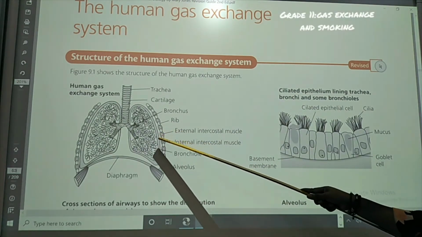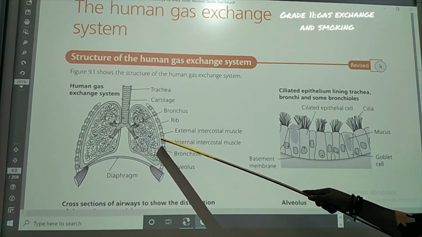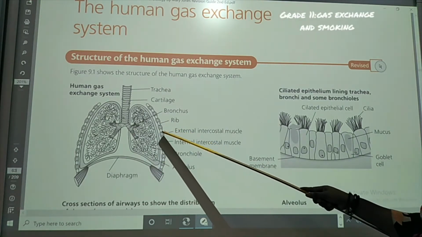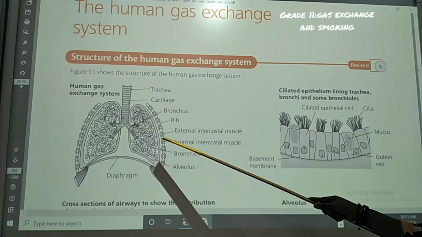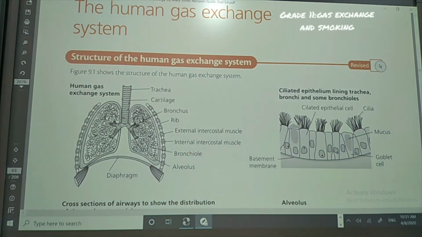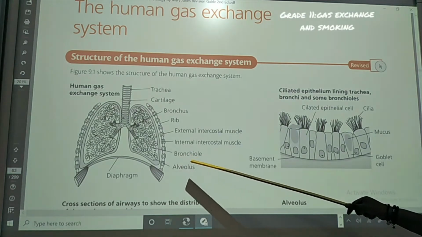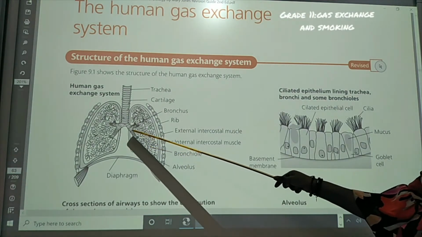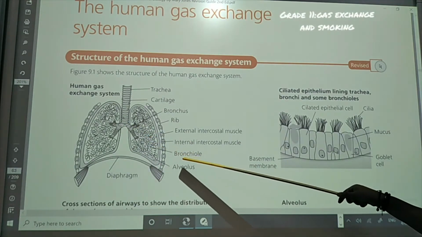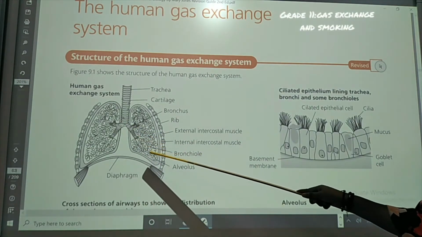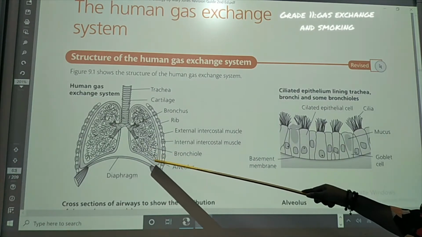In between the ribs, we have muscles. We have the external, the one outside, which is the external intercostal muscles. The one inside is the internal intercostal muscles. Okay? So we have the bronchial. These branches further divide into other tiny parts, so we have the alveolus.